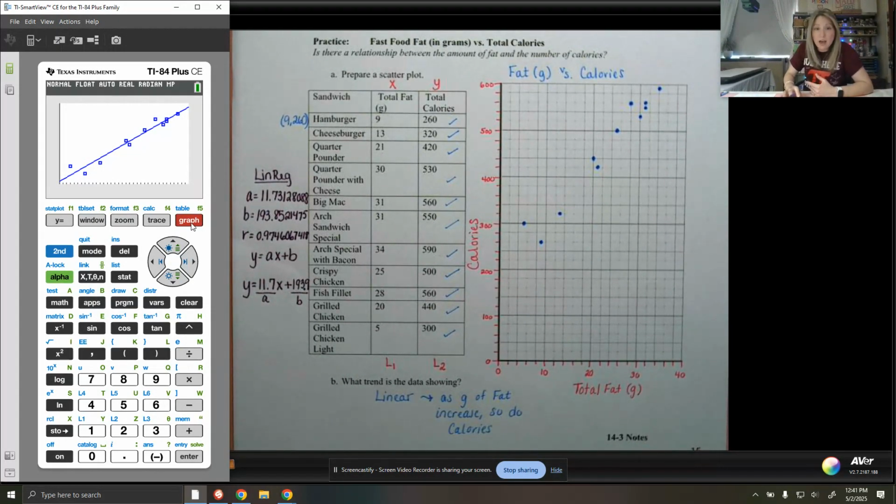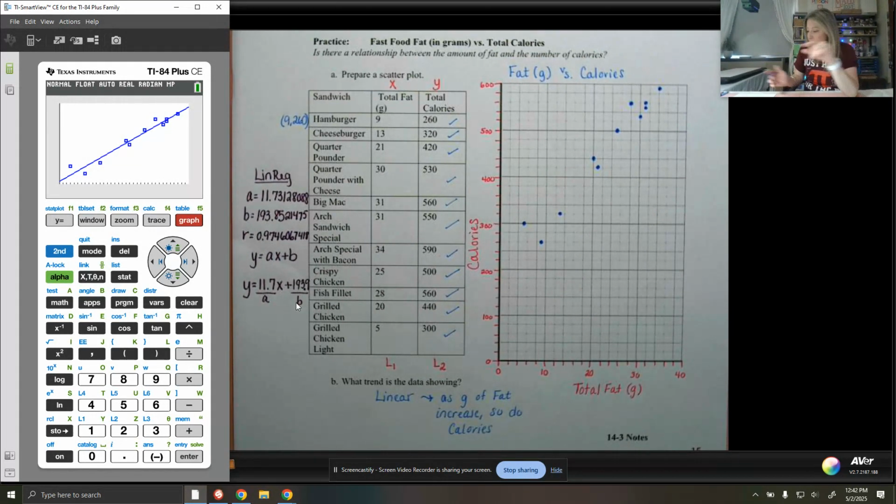Now you'll notice that a weird thing about this is our y-intercept is not 0, 0. Wouldn't you think if you had 0 total fat that you'd have 0 calories? That wasn't thought about here, was it?